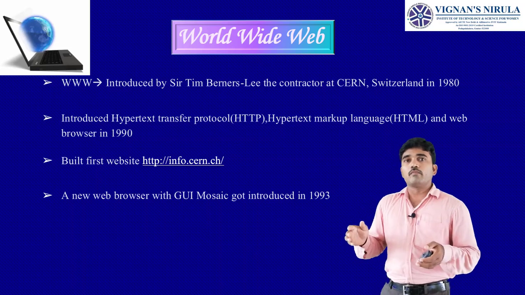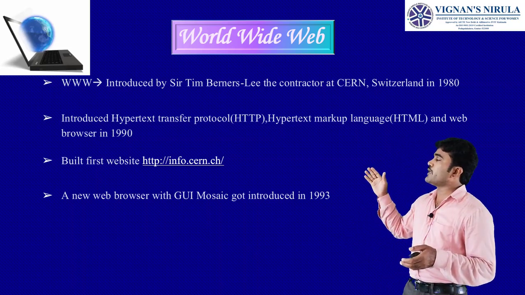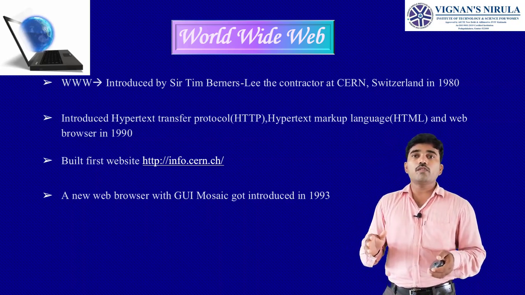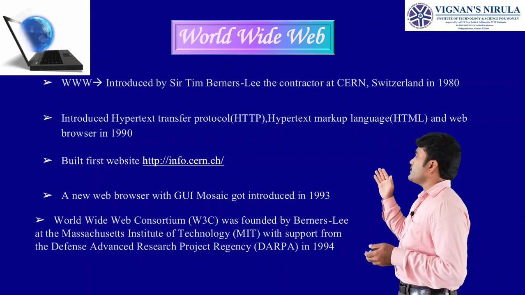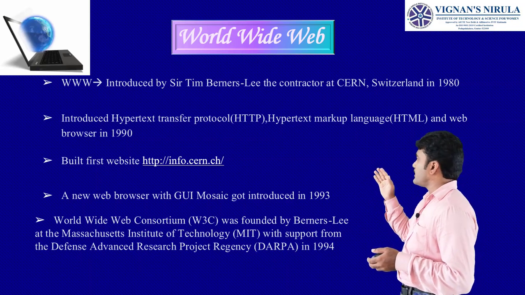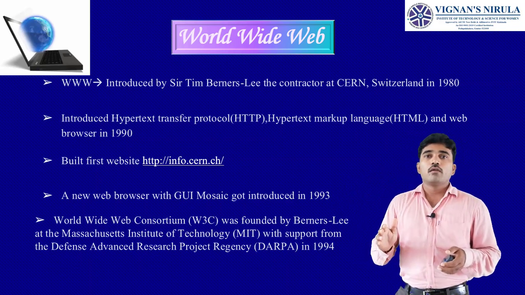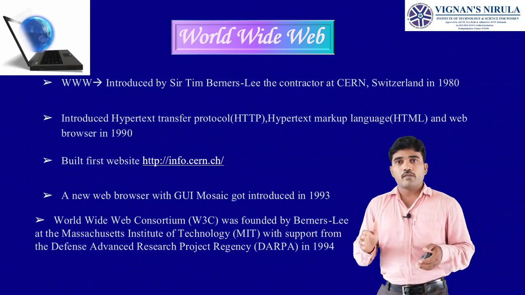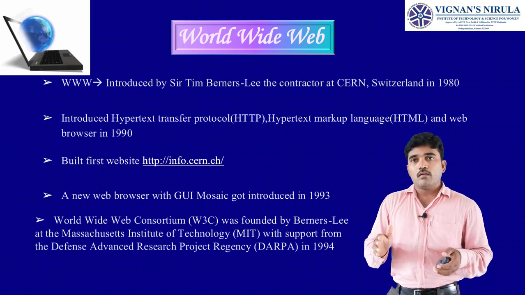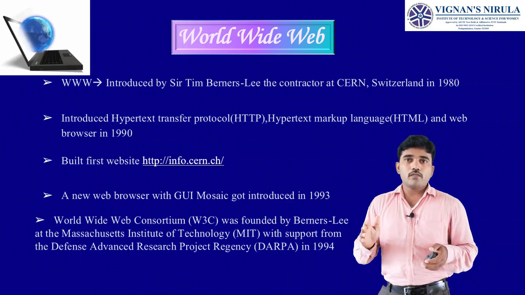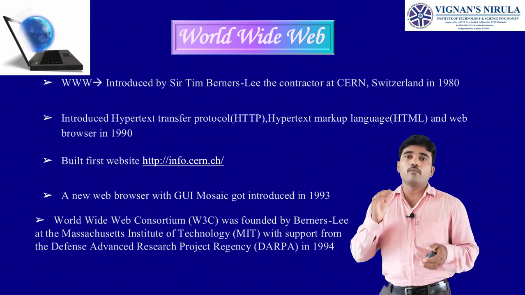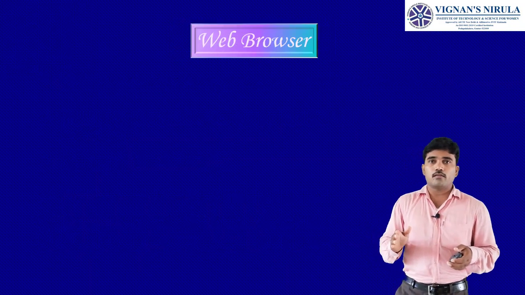In 1993, a new web browser called Mosaic, which has a graphical user interface, was introduced. During 1994, a new group was formed, called W3C, which stands for World Wide Web Consortium, at MIT, which stands for Massachusetts Institute of Technology, with the help of DARPA, which stands for Defense Advanced Research Projects Agency, in the year 1994. That is all the introduction to the World Wide Web.